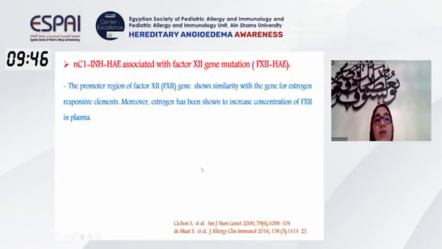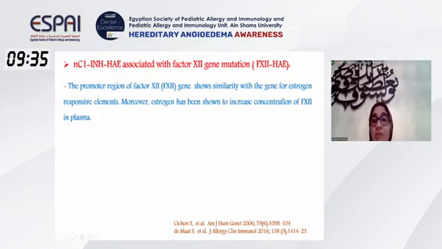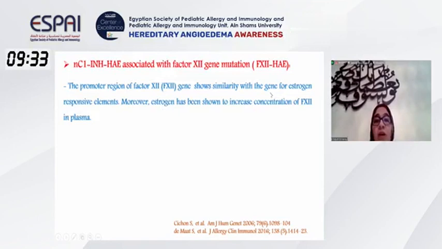So what about the hereditary angioedema associated with normal C1 inhibitor where a mutation was detected in the gene coding for factor 12? The promoter region of the factor 12 gene shows similarity with the gene for estrogen responsive elements.